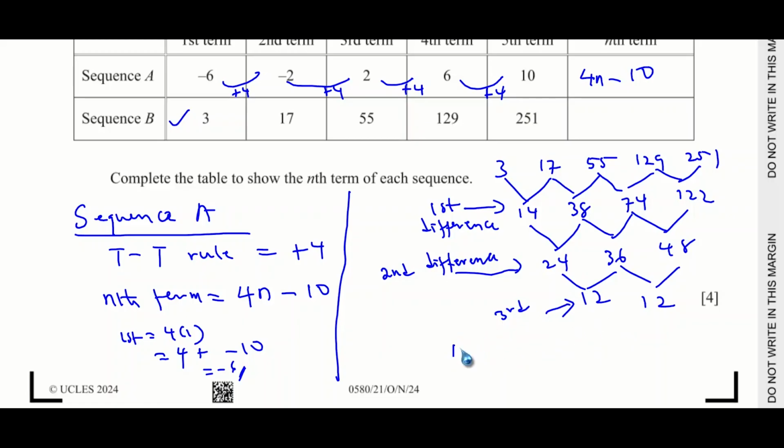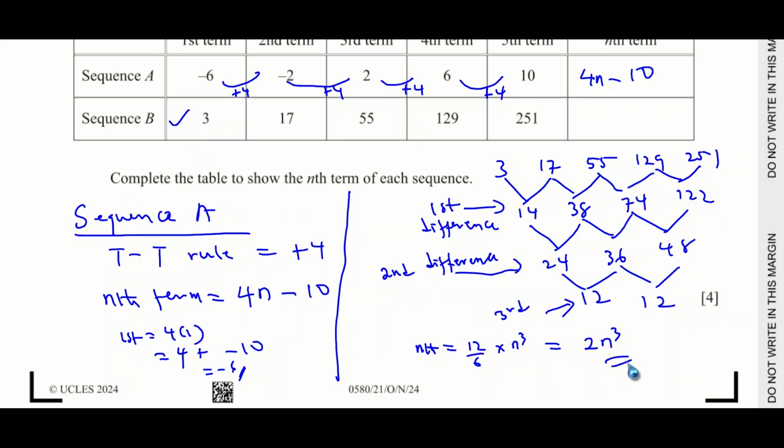So the nth term for now is 12 divided by 6 multiplied by n cubed, which gives us 2n cubed. But this is not enough to give us this, because when n is equal to 1, I have 1 cubed times 2, so it's not enough.